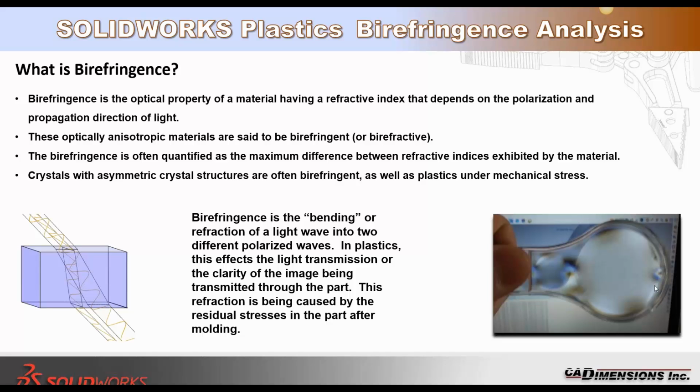Now, if there's too much of this on your plastic part, it can be difficult to see through the part, and it could defeat the purpose of that application itself. So you can see in plastics this affects the light transmission or clarity of the image being transmitted through the part.